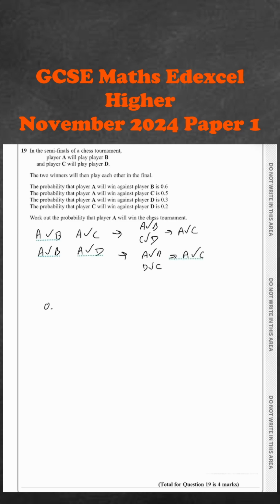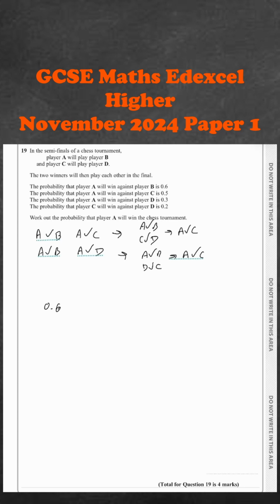So, for A to win the chess tournament, that is going to be A beats B, and then A beats C, or A beats B, and then A beats D. For this one to have happened, we need A beats B and C beats D, then A beats C, and in this one we need A beats B, then D beats C, then A beats D. So we're going to have A beats B, which is 0.6.